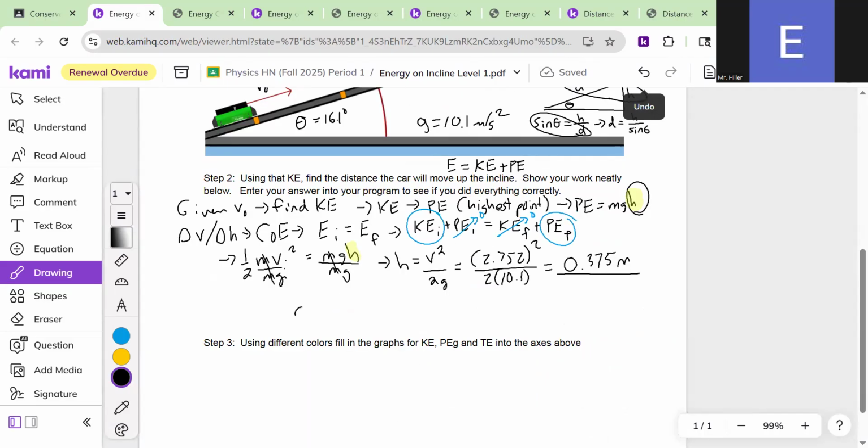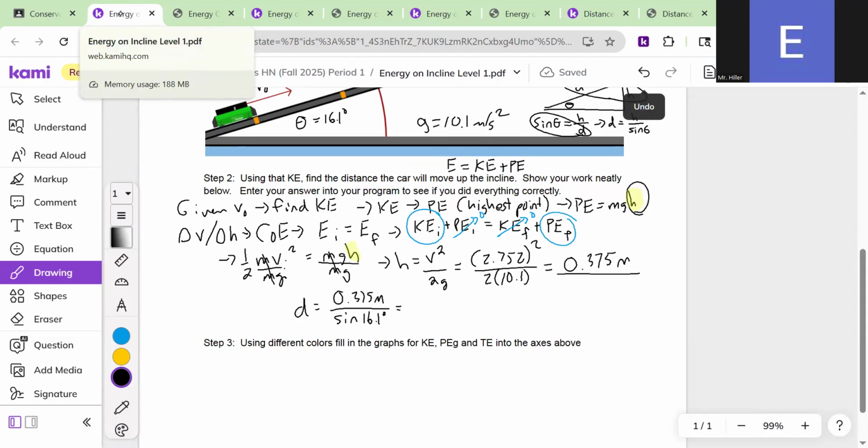So d, how far we go uphill, is going to be whatever your height was, mine 0.375 meters, divided by the sine of whatever your angle is, mine 16.1 degrees. All right, so everyone take a moment to figure out your distance.